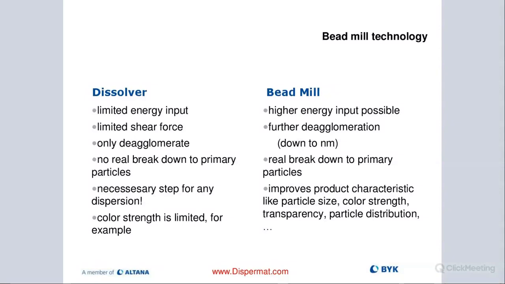Because the dissolver with the blade, unfortunately, only allows us to put in limited energy and limited shear force. Because of those limitations, it's only used to deagglomerate these larger particle clusters, and it is not meant to break down the aggregates to primary particle size.